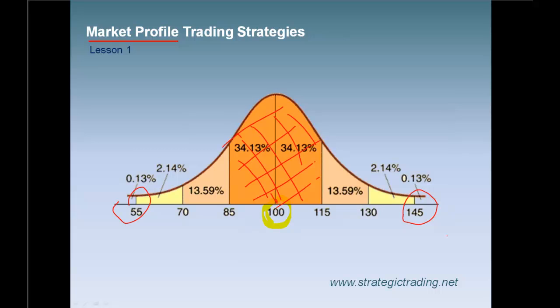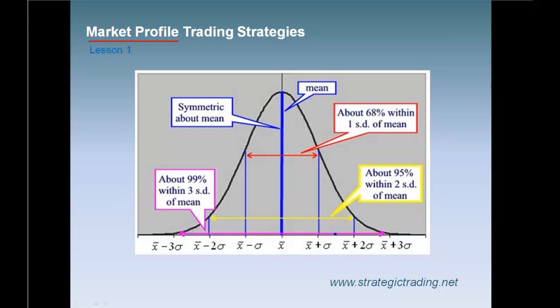The other values will form extremes in the market. So the concept of the normal distribution is what Stadelmeier used to help organize the data in the profile format, to help us understand and identify where value is in the market and where extremes exist.